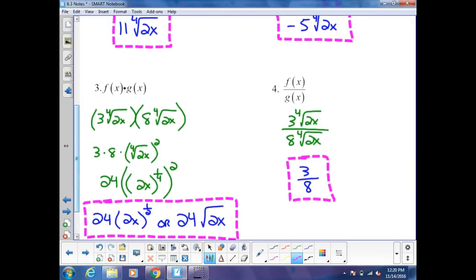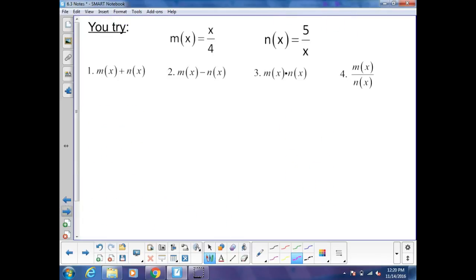Okay? You go now and try with those two functions. So this is x over 4 plus 5 over x. Can I add those two as is? No. So what do I have to do?